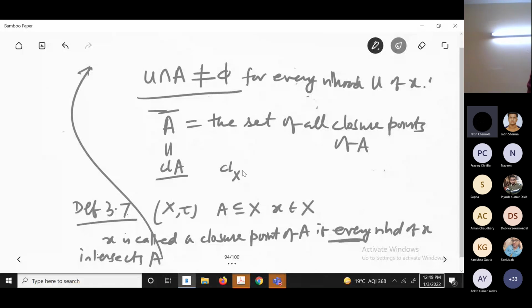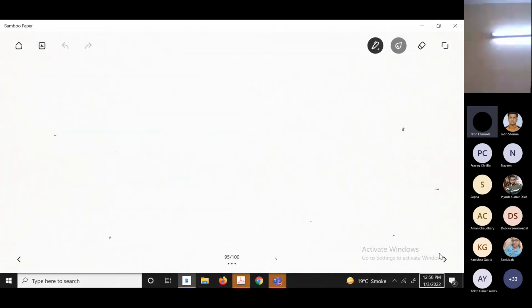That means closure of A in X. This is called the set of all closure points. So you can easily check A is contained in A bar. A is this. So this is an exercise.